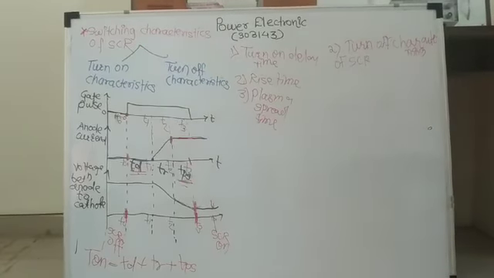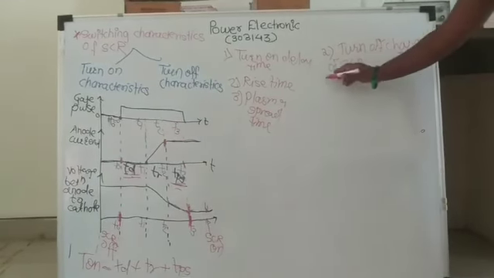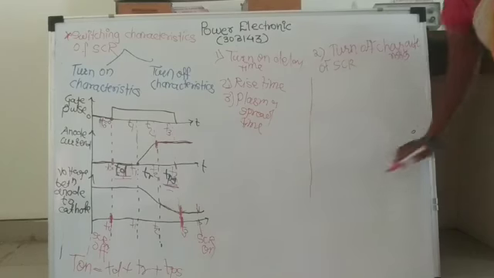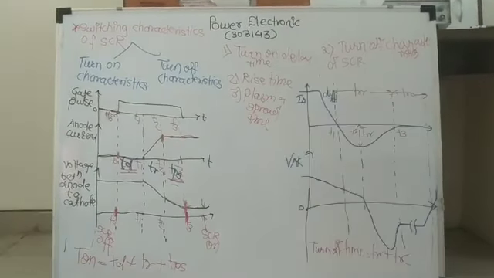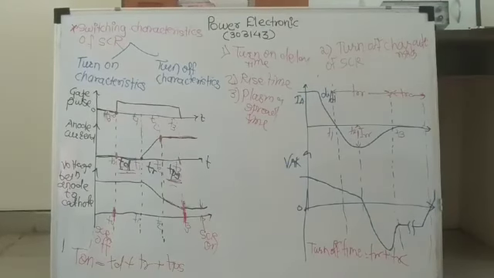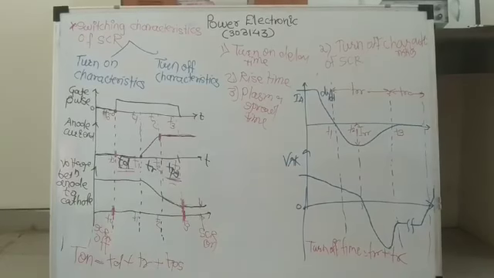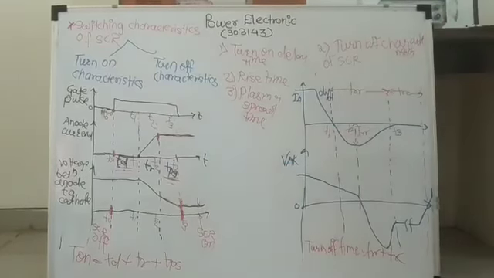Now, see the diagram for that. These are the turn off characteristics of SCR, and these turn off characteristics are drawn for anode current and voltage between anode to cathode.